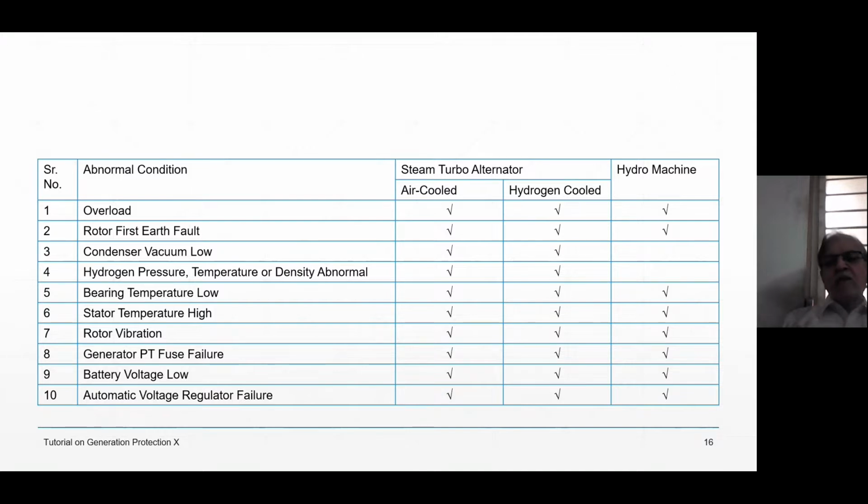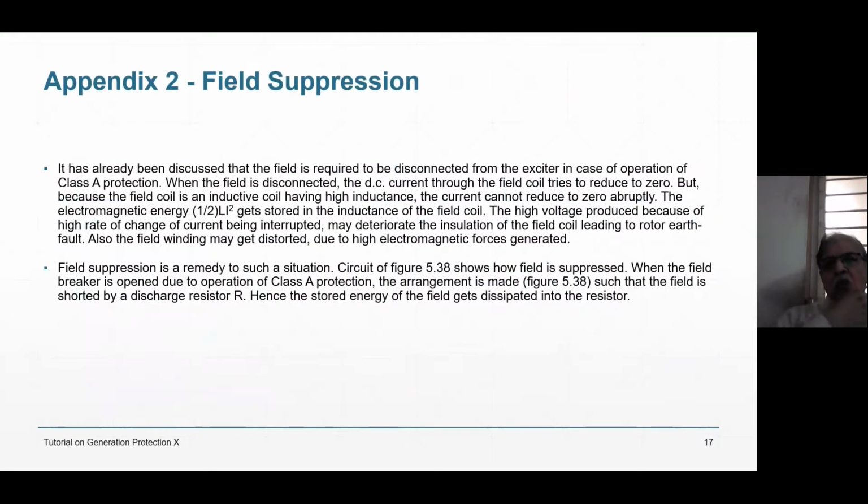That also sounds an alarm in all the three cases. Generator PT fuse failure. Battery voltage low and automatic voltage regulator failure. So you see these conditions. So many conditions will give alarm.